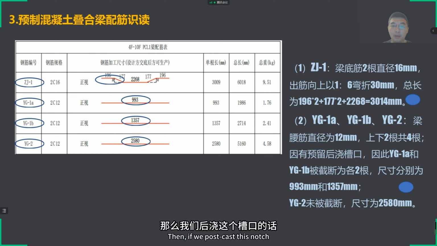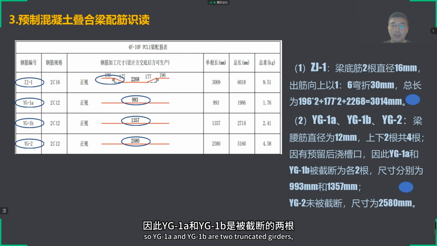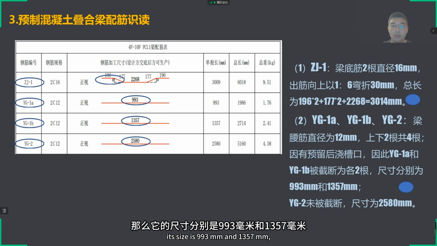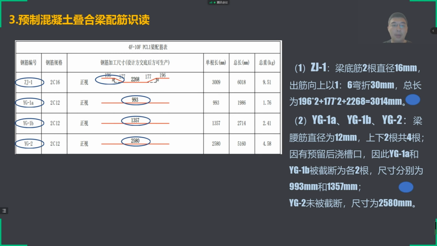Then if we postcast this notch, YG1A and YG1B are 2 truncated girders. Their sizes are 993 millimeters and 1357 millimeters. Then YG2 is not truncated, so its size is usually 2580 millimeters.